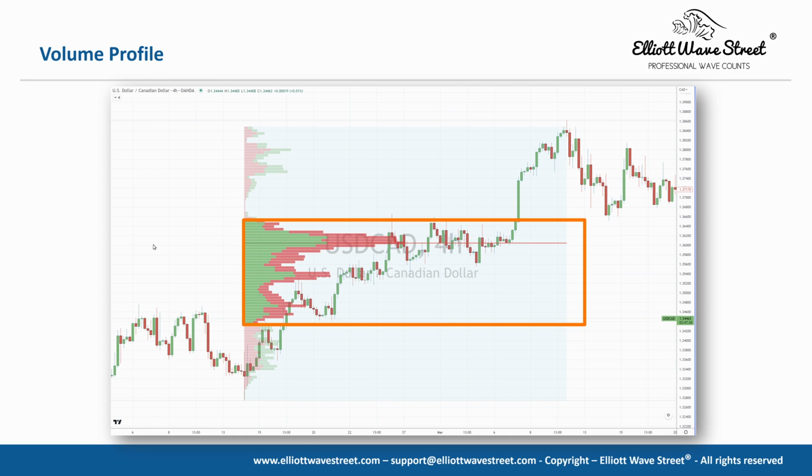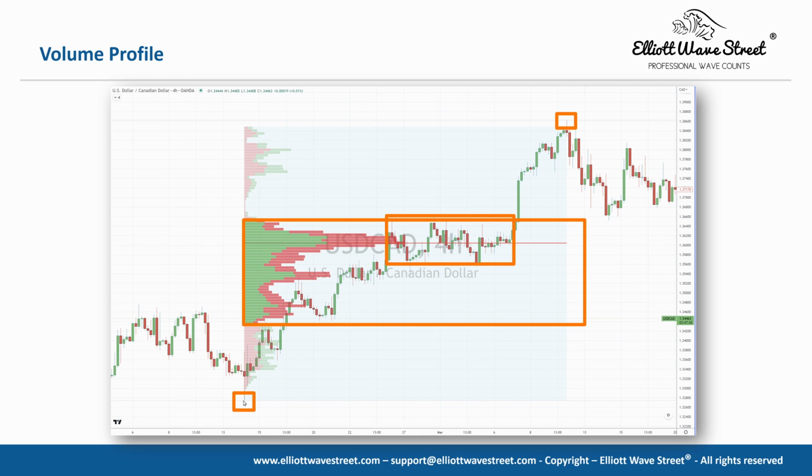For example, in this chart, you can see that right here, from this low to this high, that I'm doing the study from that cycle, the price traded the most time in this area. So the logic behind the volume profile is that it actually measures the point of control. It will be the level where the price spent more time in the cycle.